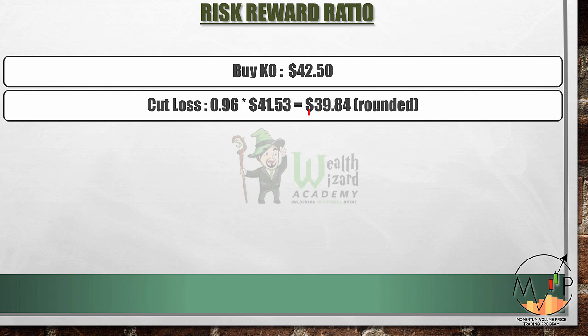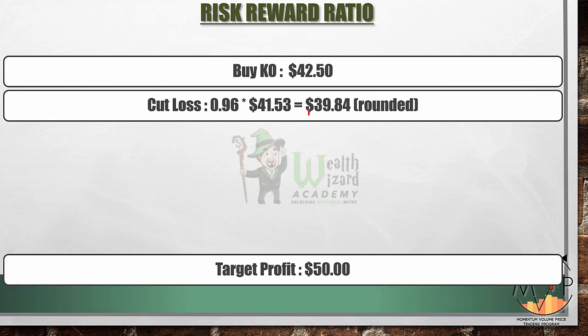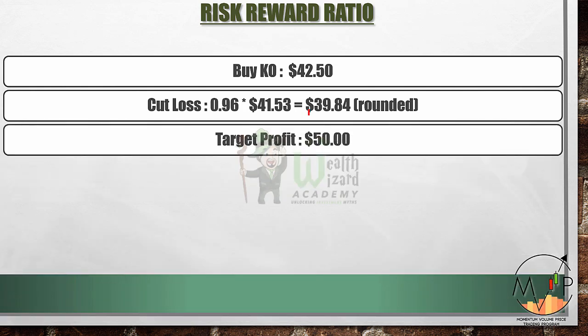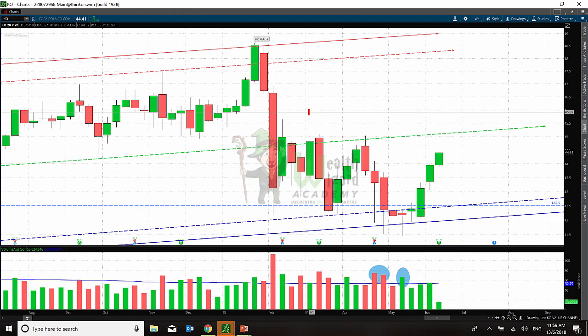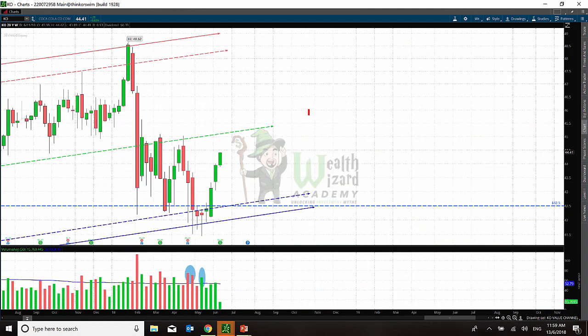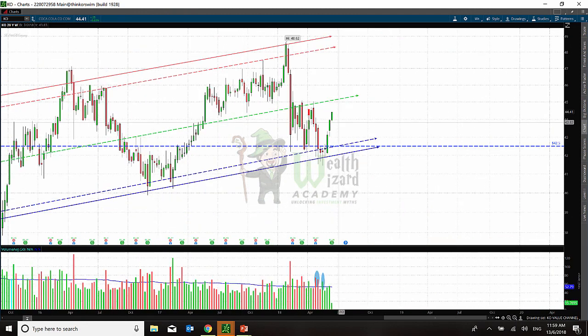We are going to buy this Coca-Cola at $42.50 and our target profit is $50. So how did I come up with this target profit of $50? This is the way I'm going to show you, which I taught y'all earlier. What was the recent previous run up? The price came down here and then it went from down here to up here.